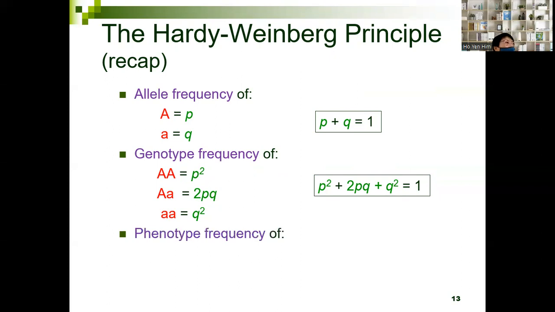If you know the genotype, we know the phenotype, right? What is the frequency of people showing the dominant phenotype? It is big A big A and big A small a, right? So therefore it's P square plus 2PQ. So once you know the genotype, you will know the phenotype frequency. Recessive is Q square only.